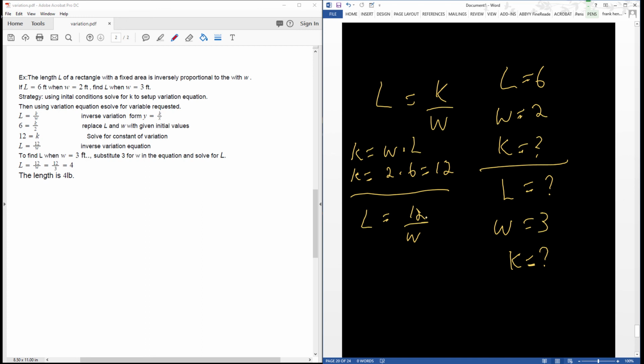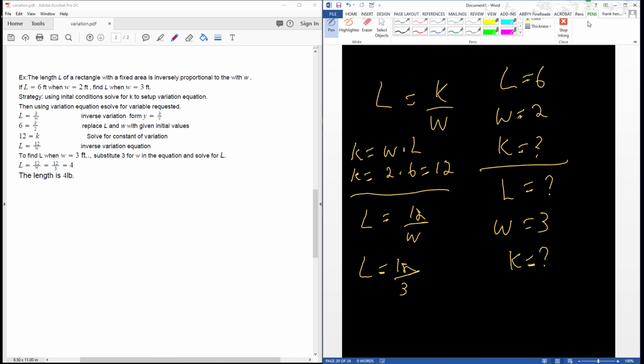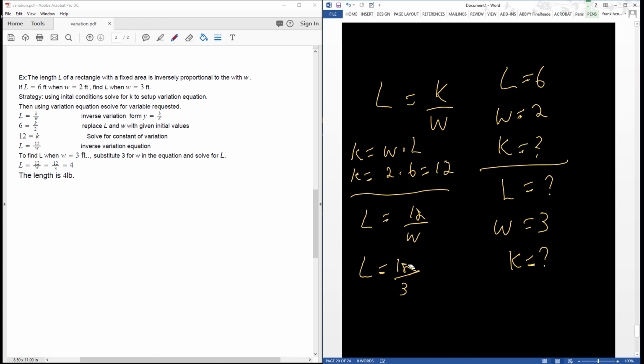In this case, we know that W is 3, so I can plug in there. So L is 12 divided by 3, which is 4. The length is 4 feet. That's a misprint there.